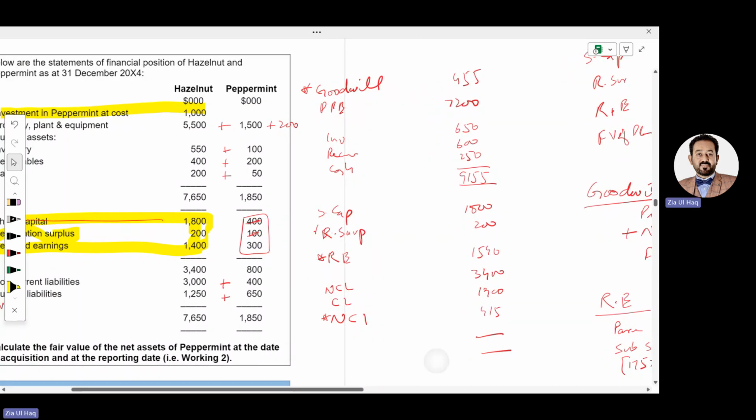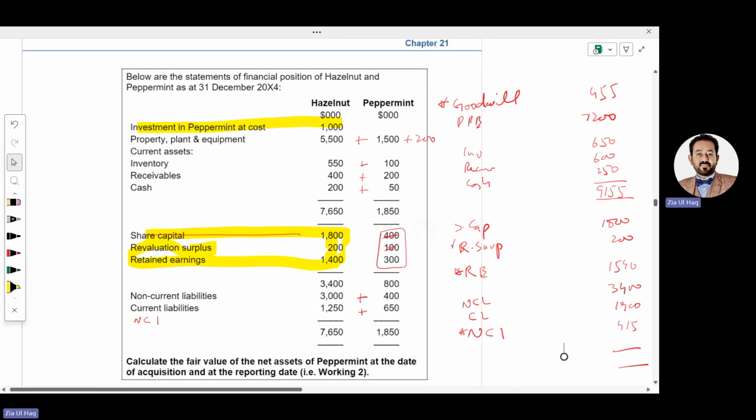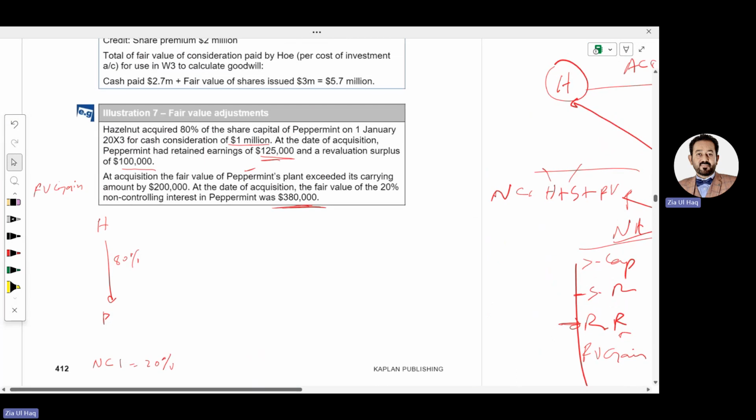Is there any error in calculation? There is a difference of 100 only. Revaluation surplus is 100 at the time of acquisition.